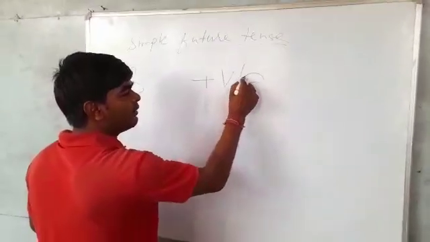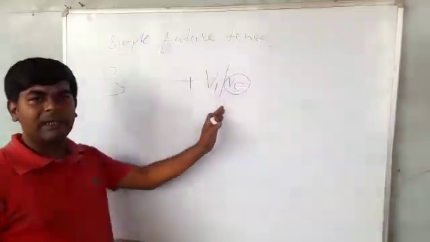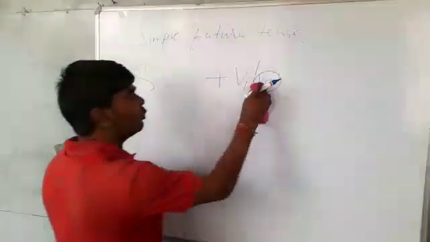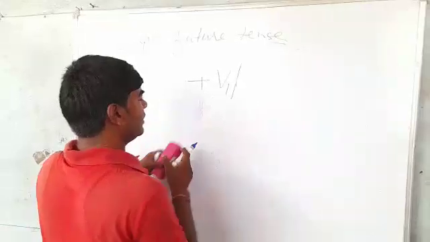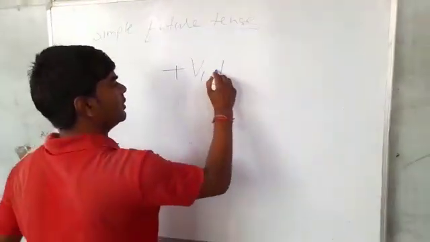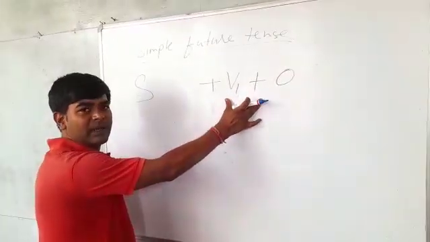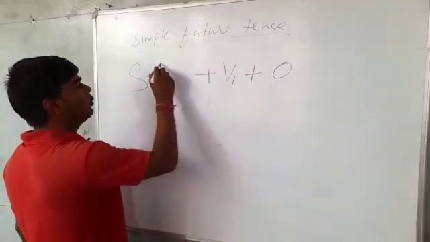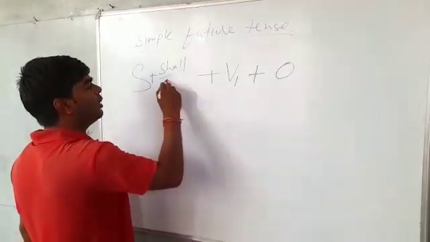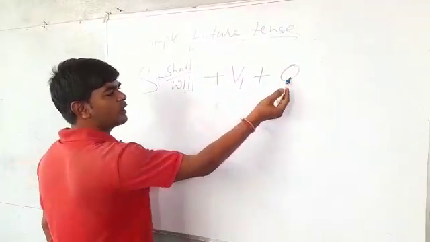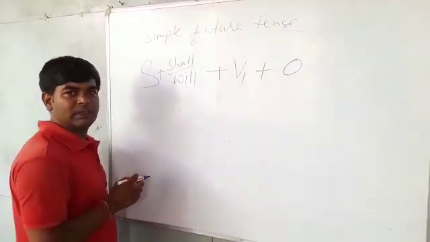But V5 is used only in simple present tense, so we will remove this one. What remains? Subject V1 plus object. The only thing we need to put is either shall or will. Subject shall will plus V1 plus object. This is simple future tense.